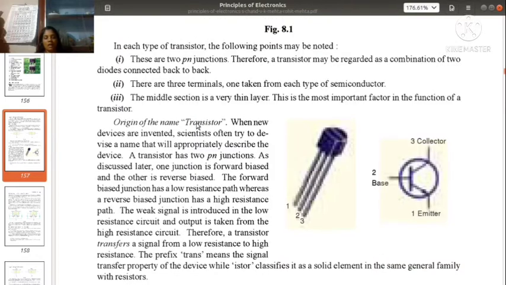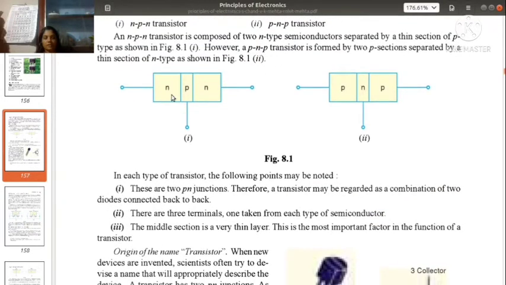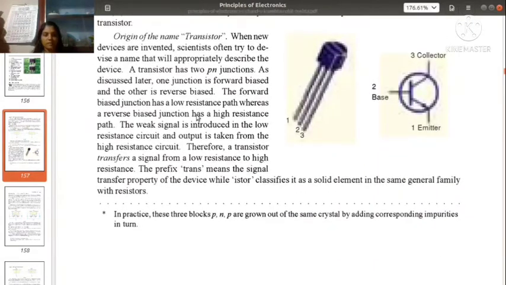There are also two p-n junctions. In the transistor, one junction is forward biased and the other junction is reverse biased. When it is biased, the forward biased junction has a low resistance path, whereas the reverse biased junction has a high resistance path.